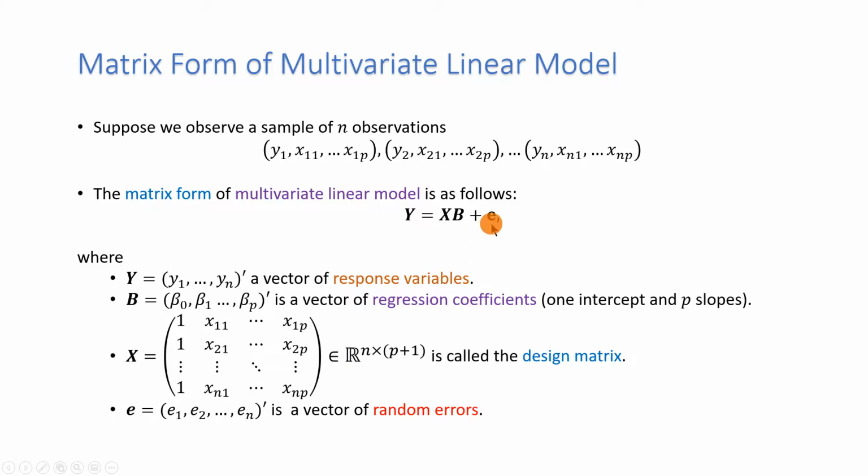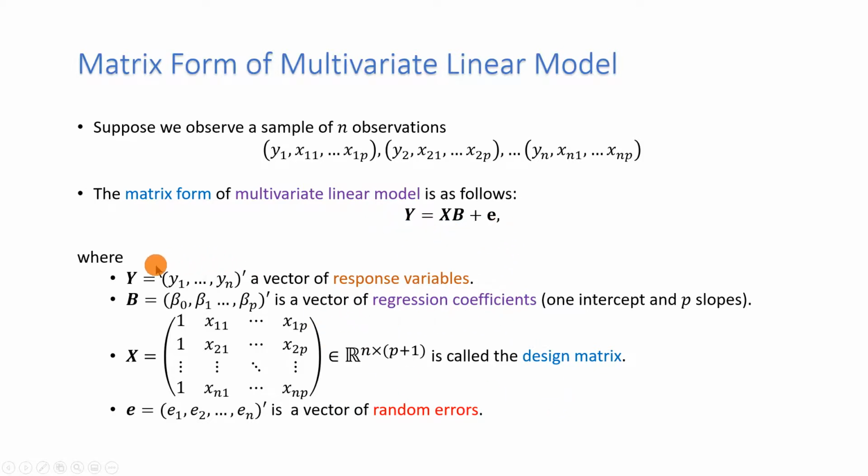And also we will have the last item in this matrix form linear model, which is E, an n times 1 column vector corresponding to E1, E2 until En. Here I just use E1 until En to indicate the approximation error you obtain for each individual observation, okay?